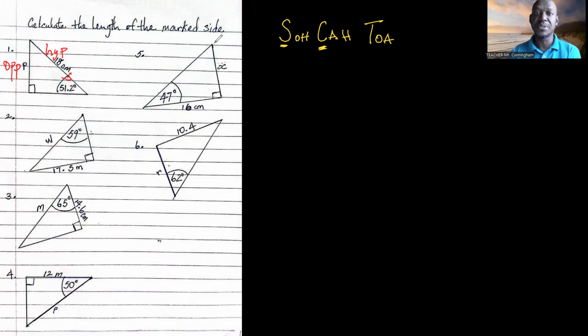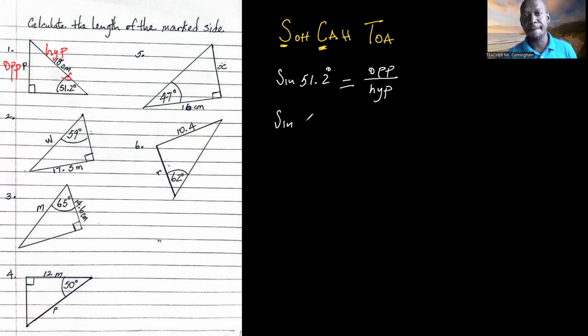Sine has opposite and hypotenuse, so let's go to sine of the angle, which is 51.2 degrees, is equal to opposite over hypotenuse. So that is what we want to find. So sine 51.2 is equal to the opposite, which we call P, over hypotenuse, which is 18.